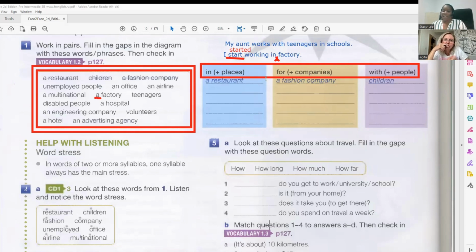Okay, good. Give me one more. This time, not about you, about someone else that you might know. Maybe your aunt, your brother, your cousin.